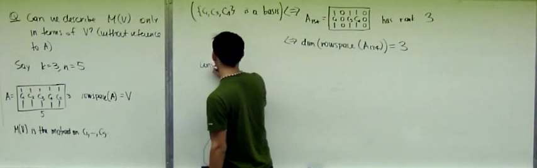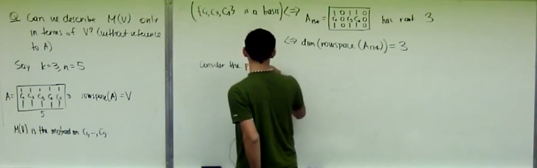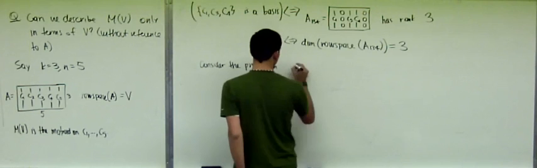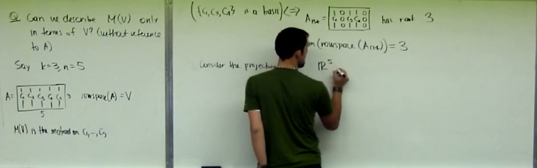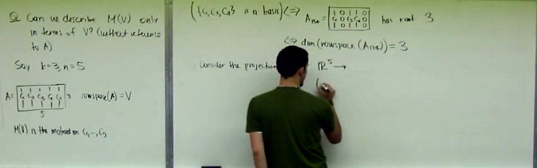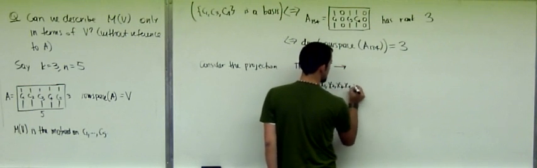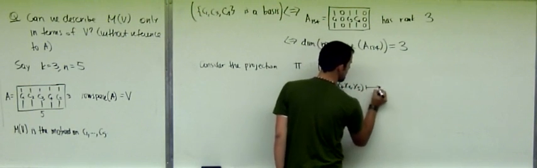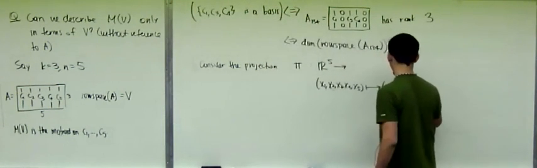So consider the projection pi from R5 to R5, really, the projection that takes the point with coordinates x1, x2, x3, x4, x5, and sends it to only coordinates x1, x3, and x4, and sets the other ones equal to 0.